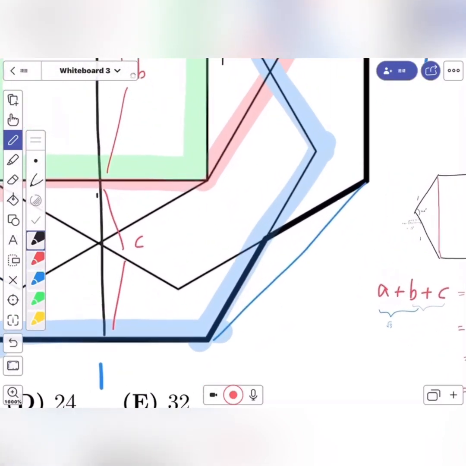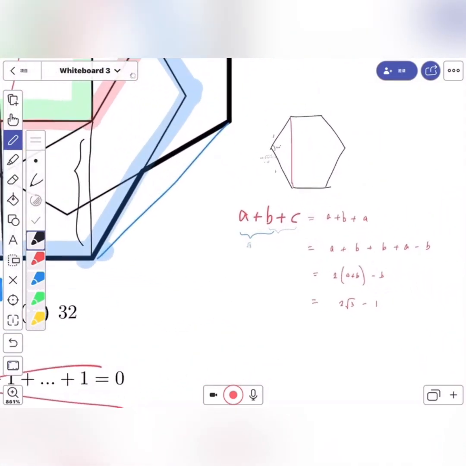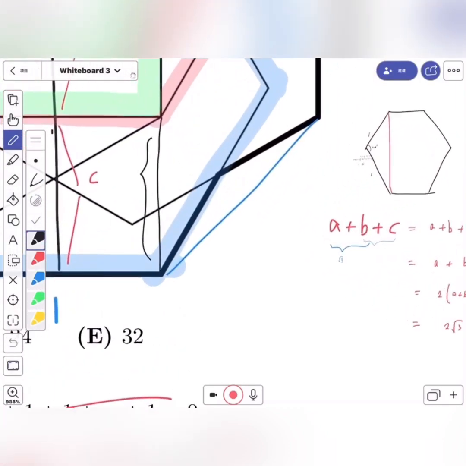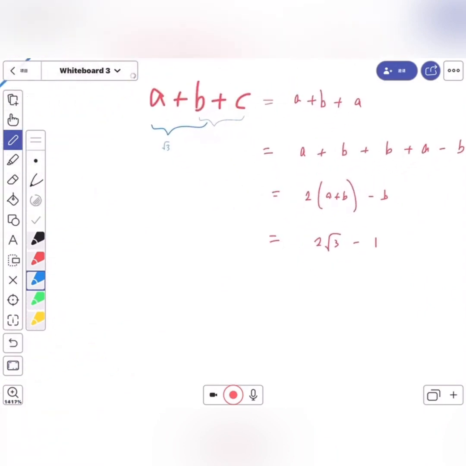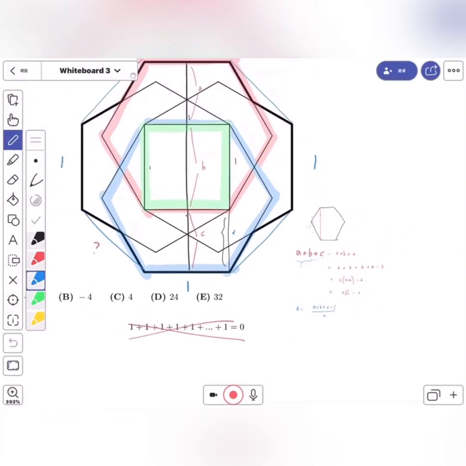So what is going to be this height right over here? That is just going to be a plus b plus c minus 1, over 2, right? Let's call this d. d is equal to a plus b plus c minus 1 over 2. Again, we're just utilizing the fact that this shape is so symmetrical.